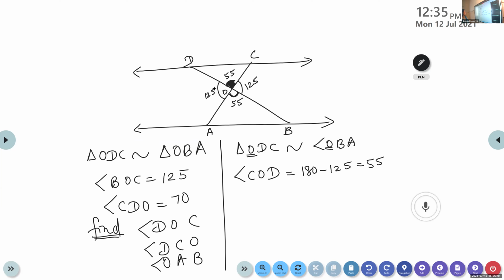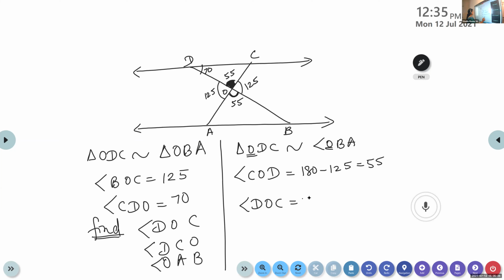Now one more angle is given. CDO is 70. Can you find out the remaining angles? From 180 only you have to subtract. You can use the angle sum property. You can use vertically opposite angles are equal.